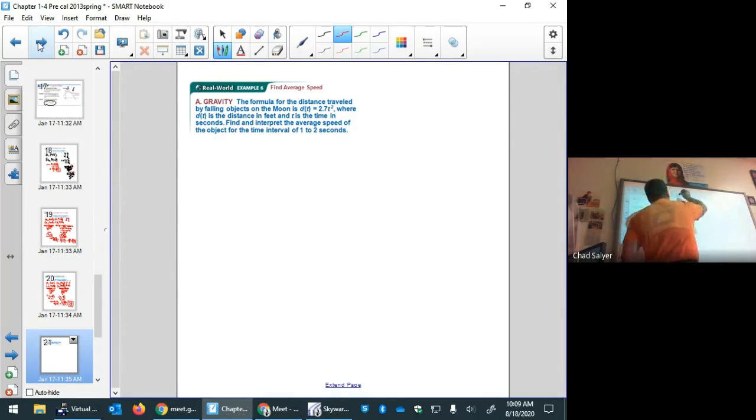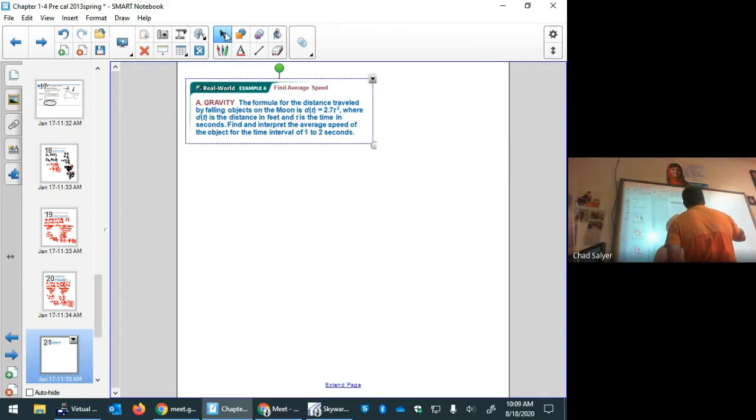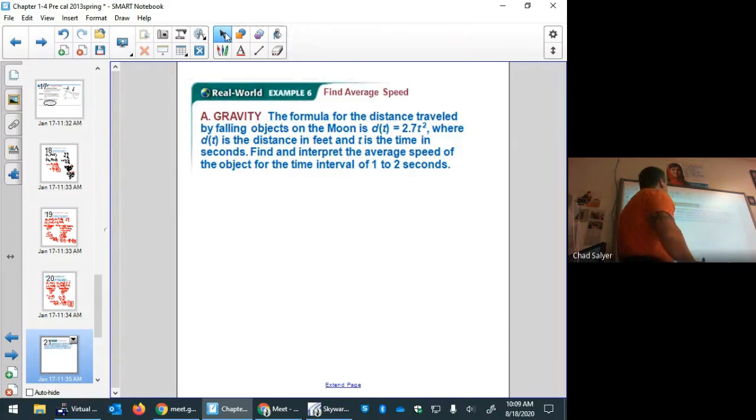Now an application problem. So the formula for the distance traveled by falling objects: on Earth the acceleration is -32 feet per second squared. On the moon it's 2.7 feet per second squared. So a significantly lesser force of gravity on the moon.